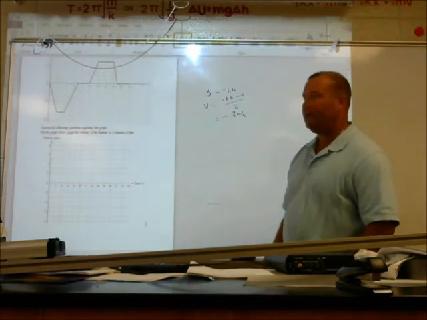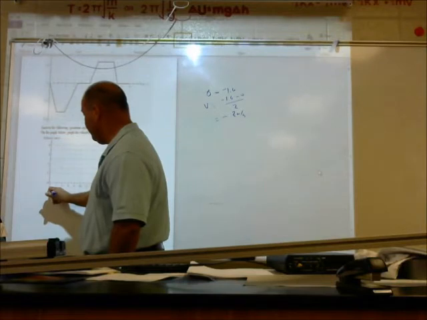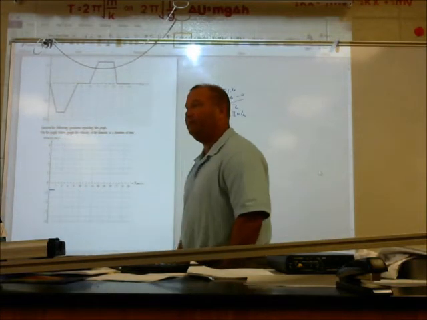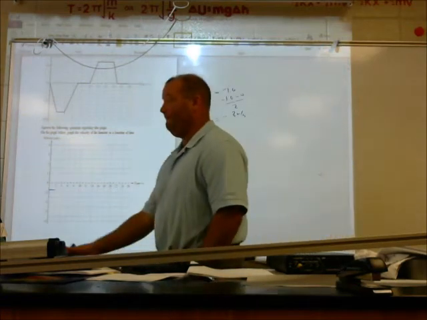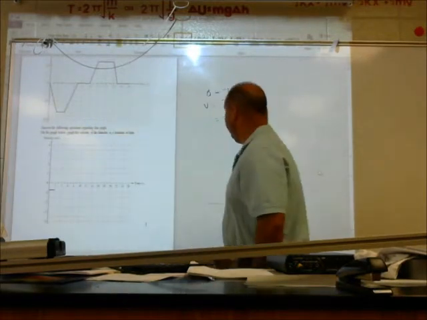Is everybody good there? So on my velocity graph between 0 and 2, I'll make a line at negative 0.8 meters per second.